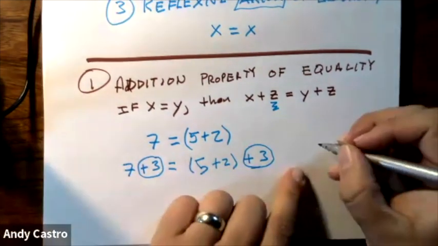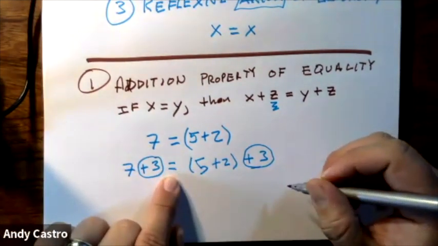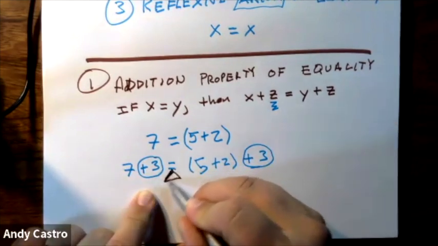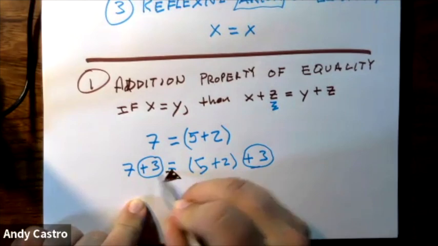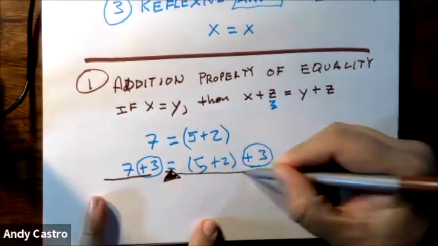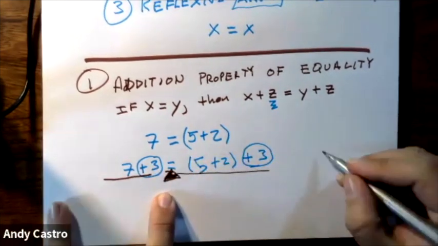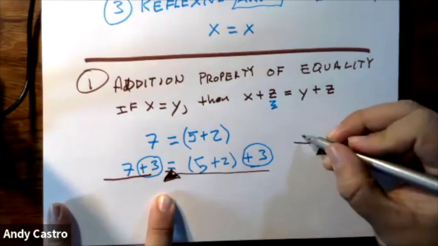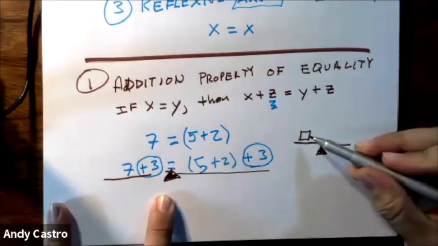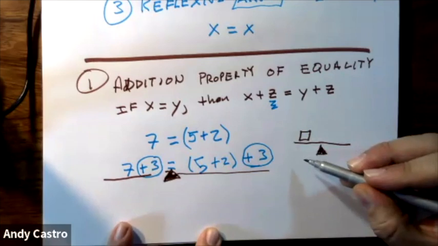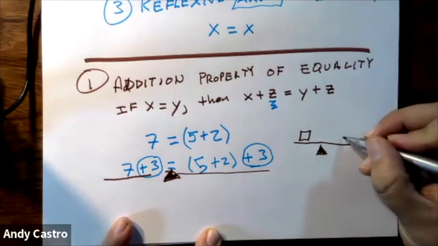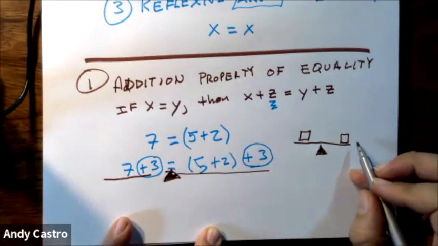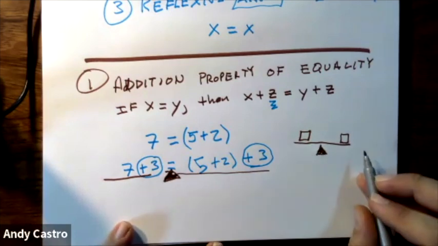And you can think about the idea of an equation as a teeter-totter in which you're balancing two things. If you put 10 pounds on this side, this would immediately go to the ground. However, if you put 10-pound weights on both sides, it would balance.